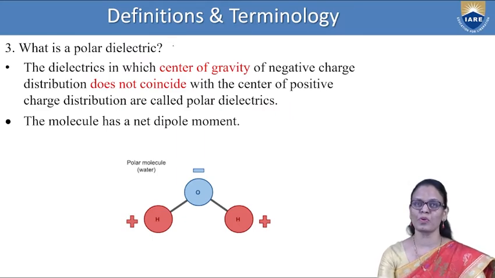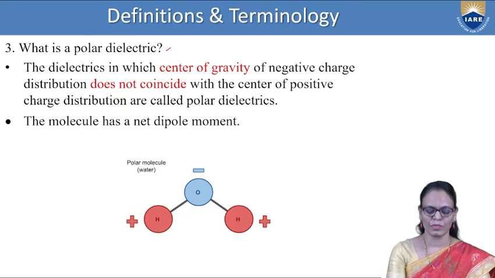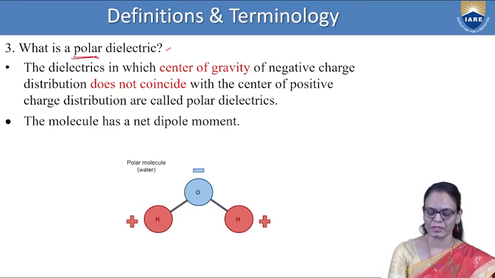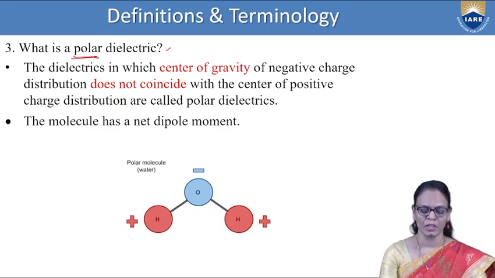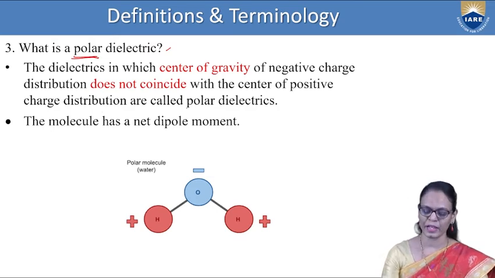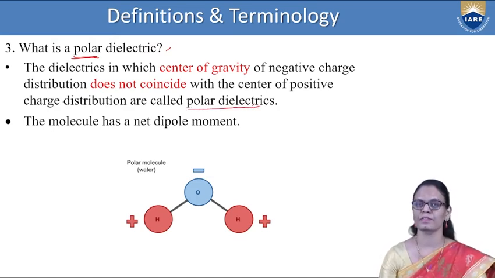Now, what is polar dielectric? The word polar is important here. The dielectrics in which the center of gravity of the negative charge distribution does not coincide with the center of the positive charge distribution are called polar dielectrics.